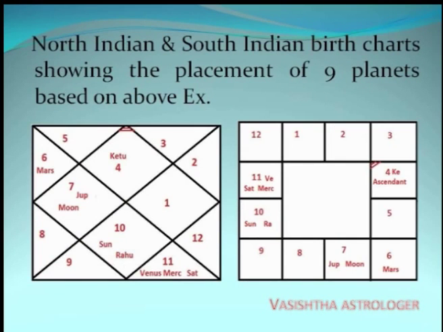North Indian and South Indian birth charts showing the placement of 9 planets and ascendant for the given example. For this birth chart, ascendant or Lagna is Cancer, Kark Rashi, sign number 4.